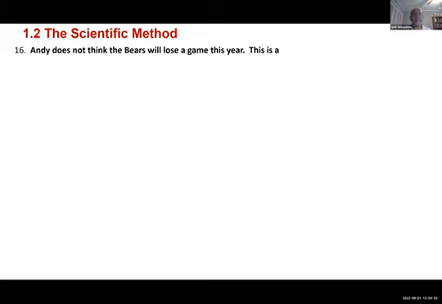This person, Andy, doesn't think the Bears will lose a game this year. Is it a scientific study? No. It's an intuition. He came up with some idea. It's a prediction. A prediction is when people predict something will happen without valid scientific evidence.